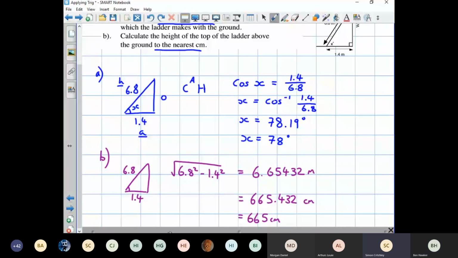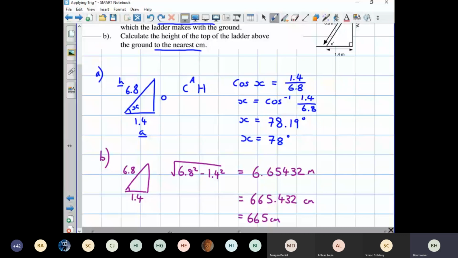This is another one where for the second part, we're making a decision between trigonometry and Pythagoras. Because we've been given the hypotenuse and the adjacent, that is Pythagoras to use in this instance. We get an answer of 6.654 and so on.